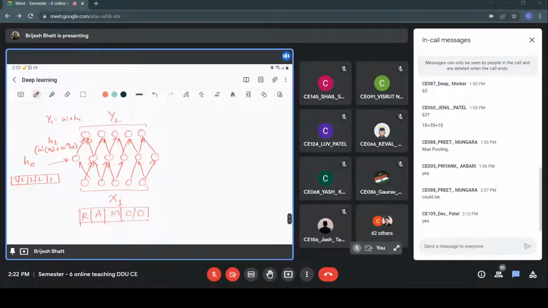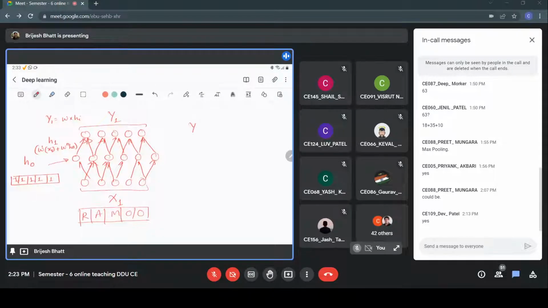Are you with me? Just spend some time and try to relate it with the forward calculation of your traditional neural network, and tell me if you are confused at any stage or if it is difficult to understand. More or less the way we are discussing, we are trying to make it look like a feed forward neural network. The only difference is that instead of y equals f of x, now we have y equals f of x comma h0.